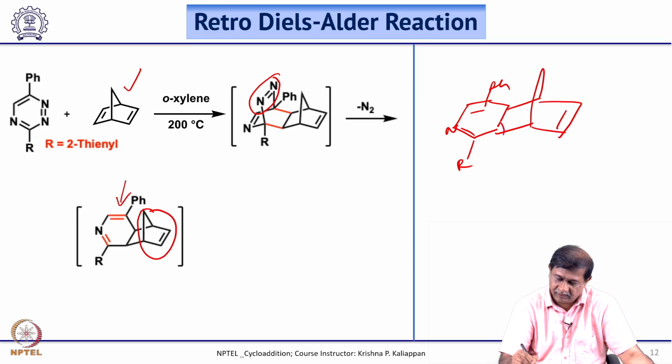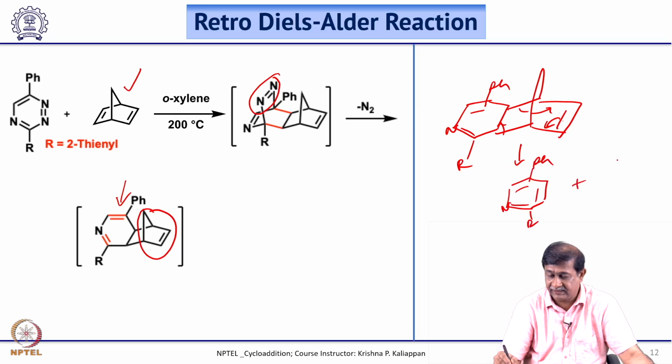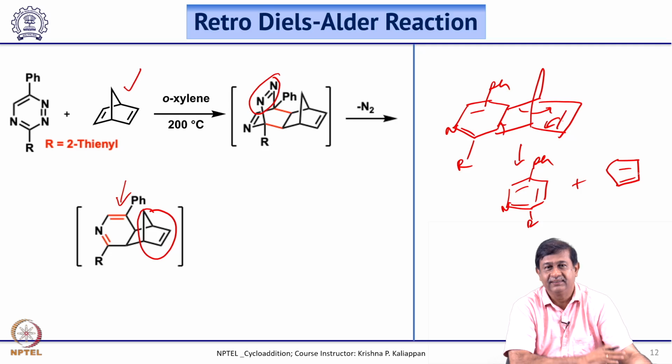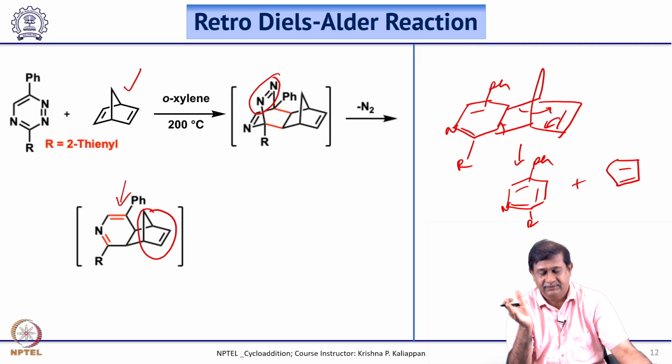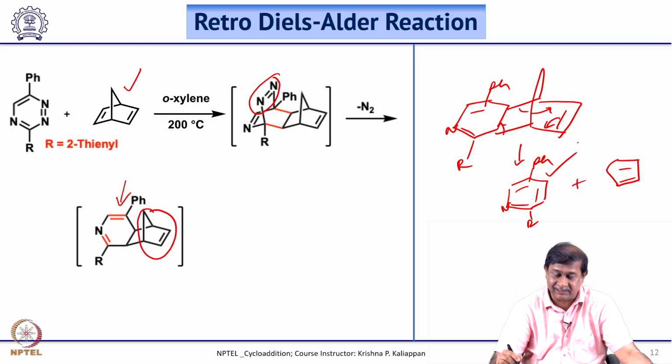Now, so this should give you cyclopentadiene. Okay. So, this should give your cyclopentadiene and the aromatic compound.